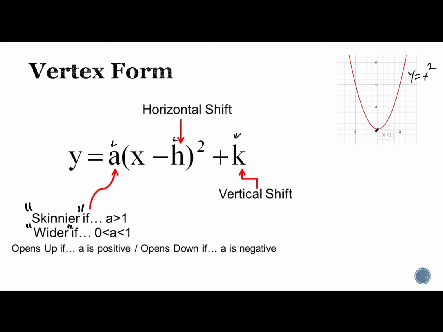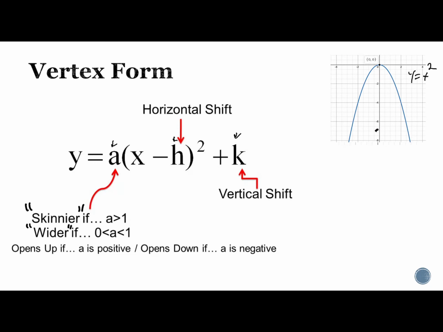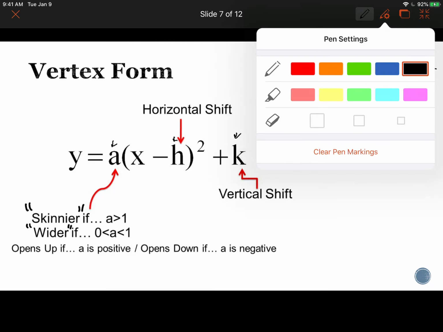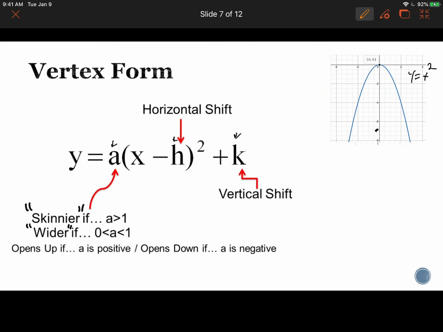And so a, again, if it's greater than 1, it gets skinnier or narrower because of that vertical stretch. And if a is greater than 0 but less than 1, then it is a vertical shrink, or it gets wider. And like you saw in our previous example, if a is negative, it opens down, like you see here. And if it's positive, it'll open up.